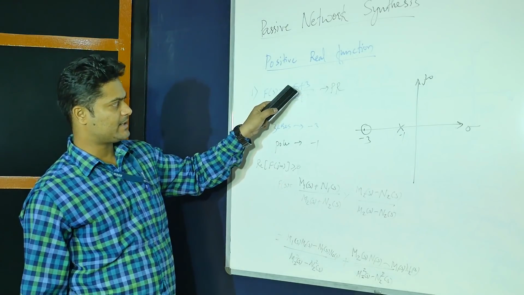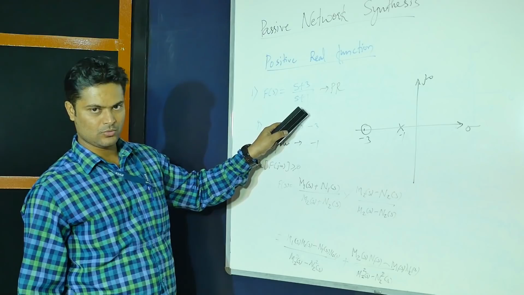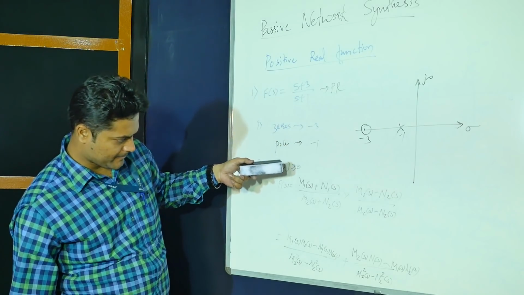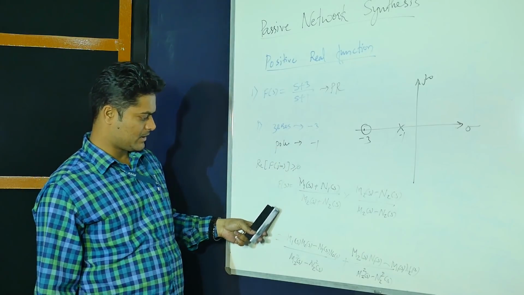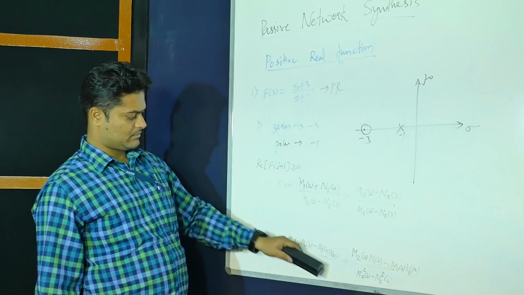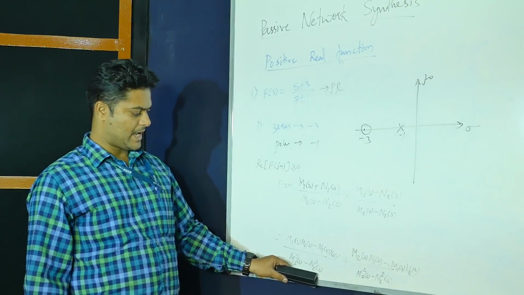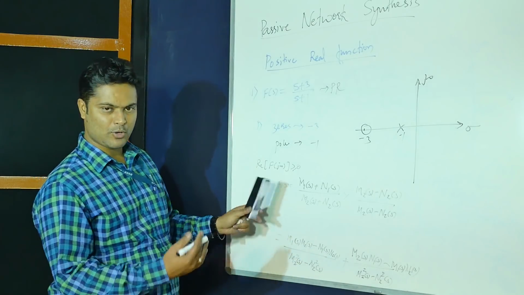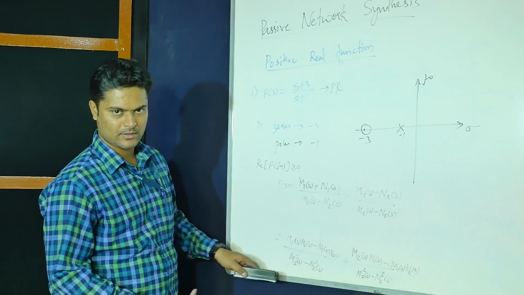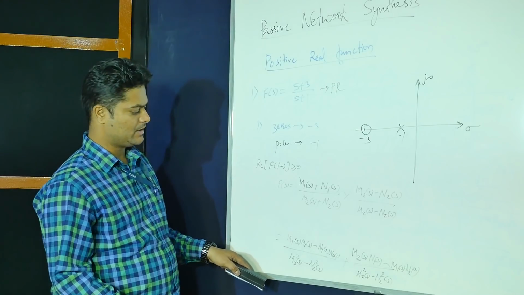As we saw in the previous case, s plus 3 divided by s plus 2, we ended up with omega square plus 2 divided by something in that form, right? So that term will be the first one, and we saw the denominator is always positive because it was in the form of omega square plus 1 in the denominator, right?